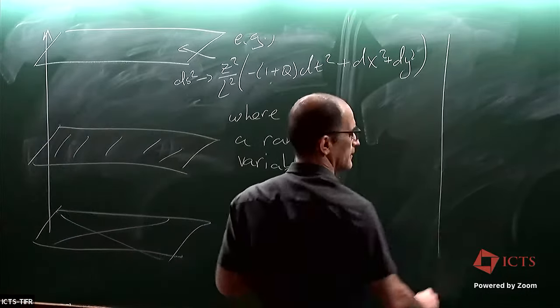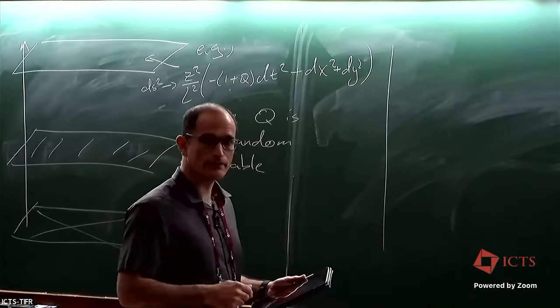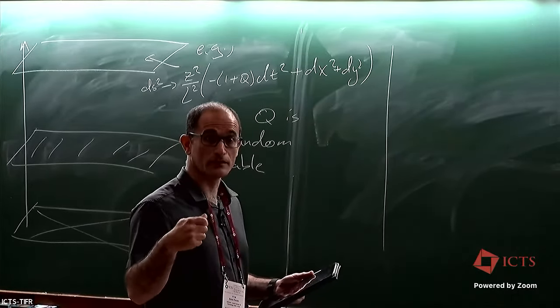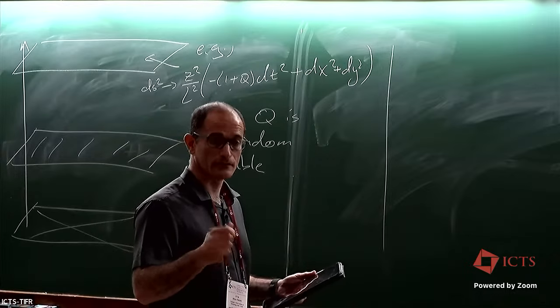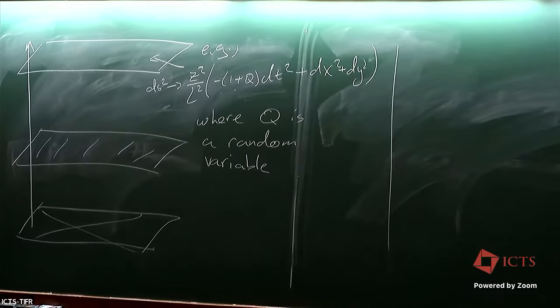I won't remember it off the top of my head. It's not white. It's sometimes called an Ornstein-Uhlenbeck process. Okay, so that's where Q is drawn from.